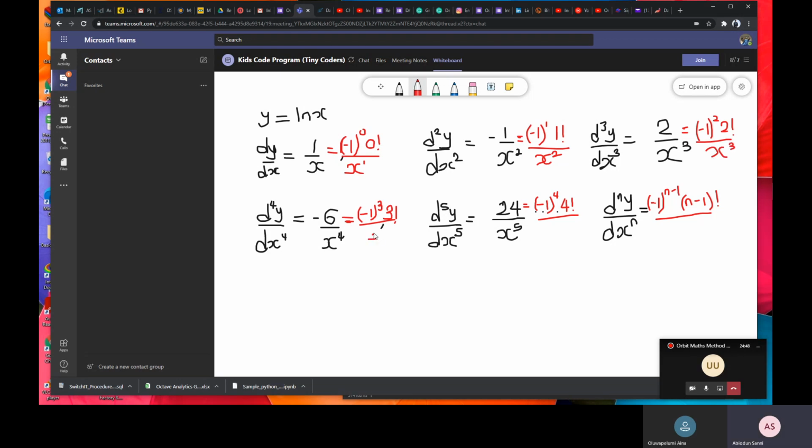This is x to the power 4, which corresponds to the fourth derivative. This is x to the power 5, which corresponds to the fifth derivative. Then this is going to be what? x to the power what? x to the power n, which corresponds to the nth derivative. So it means that the nth derivative of y equals ln x can be written generally as this.